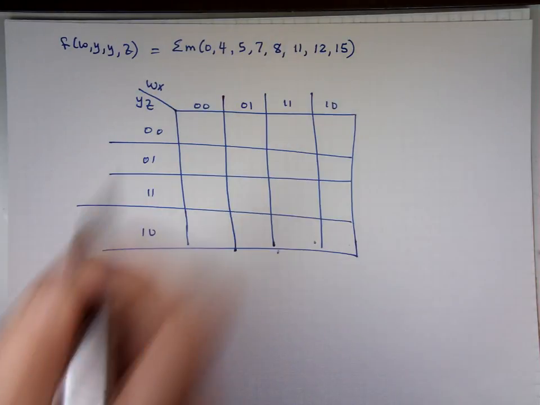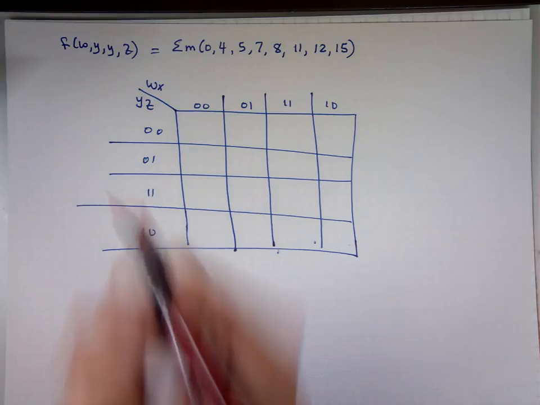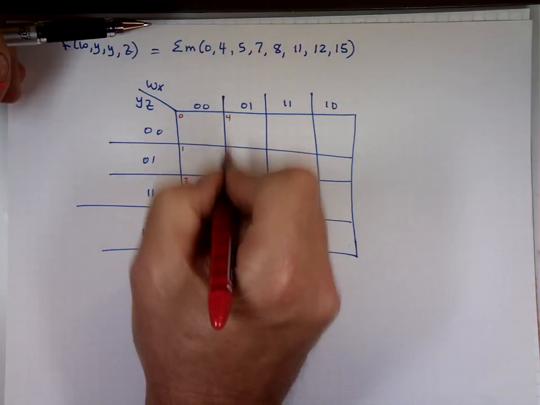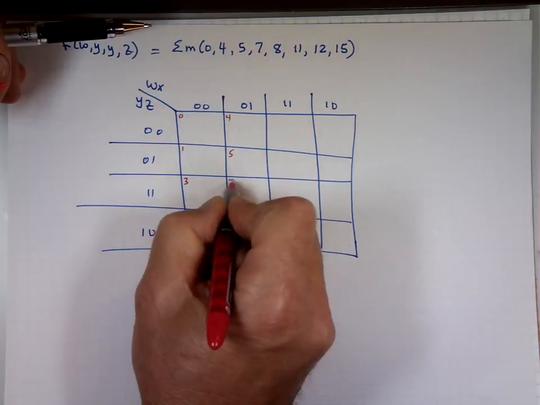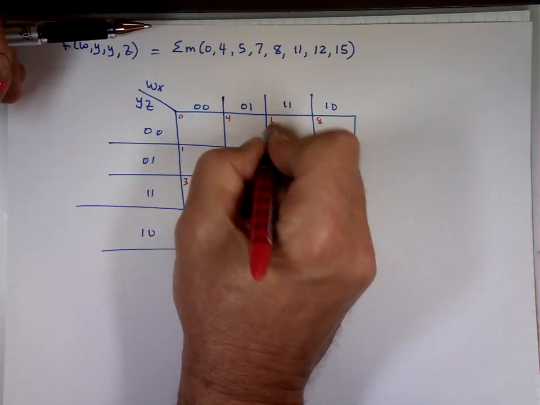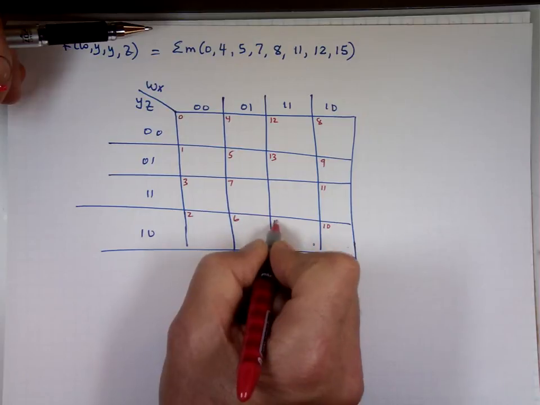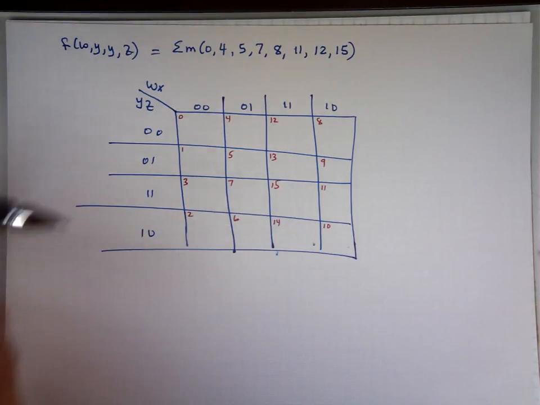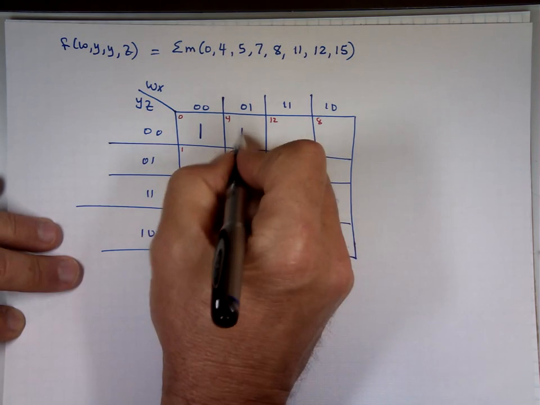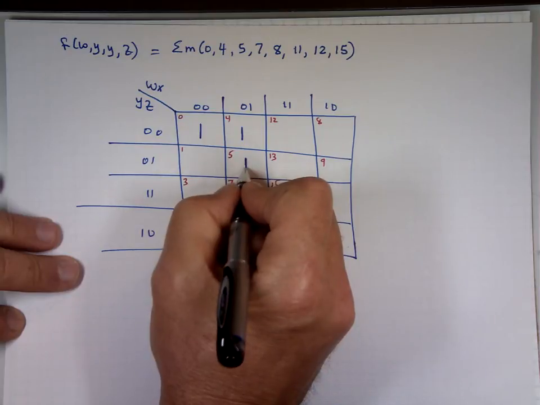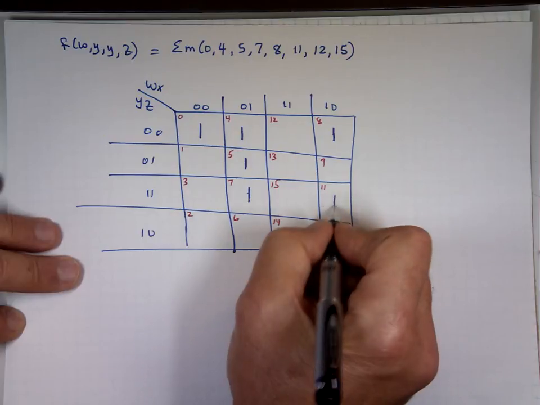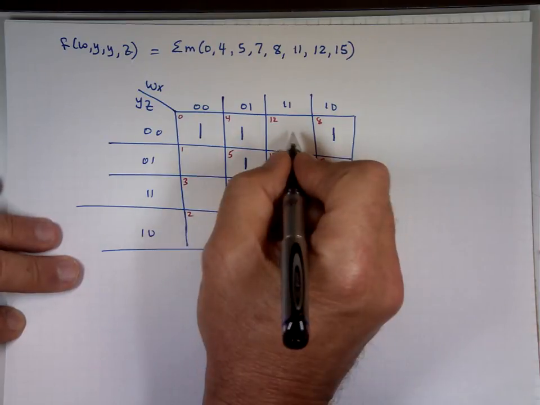Let's see if the K-map gives me the same answer. 0, 1, 2, 3, 4, 5, 6, 7, 8, 9, 10, 11, 12, 13, 14, 15. I have a 1 at 0, at 4, at 5, at 7, at 8, at 11, at 12, at 15.